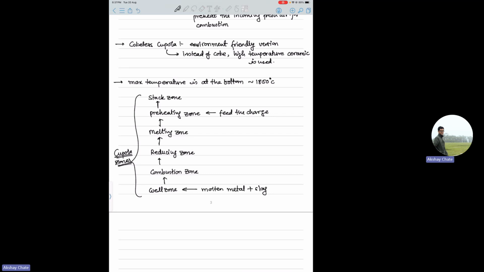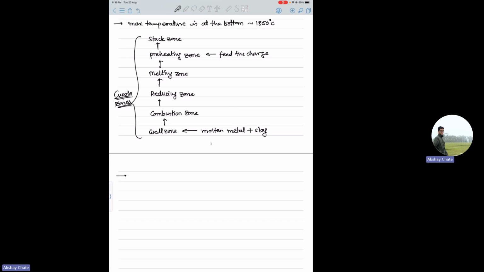Okay, and there is something called the charging ratio. Sometimes they ask this also in competitive exams. So for cupola, there is something called the charging ratio. If you don't know the term, that's when the problem comes.